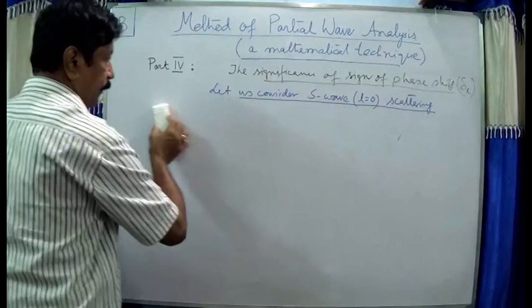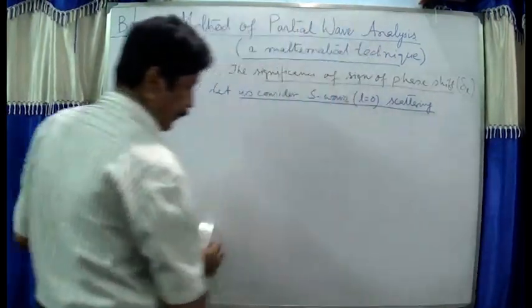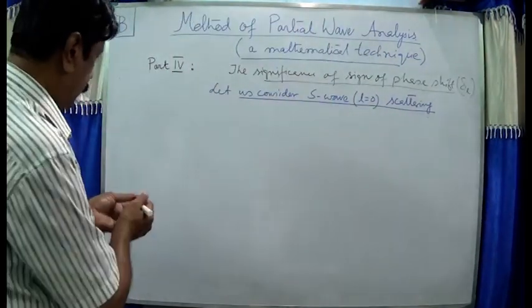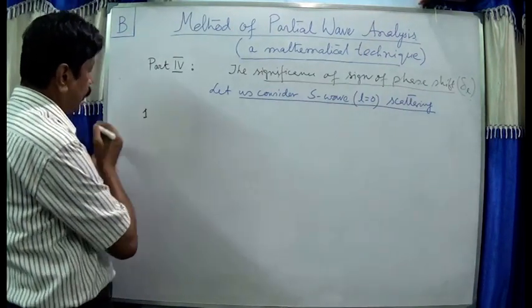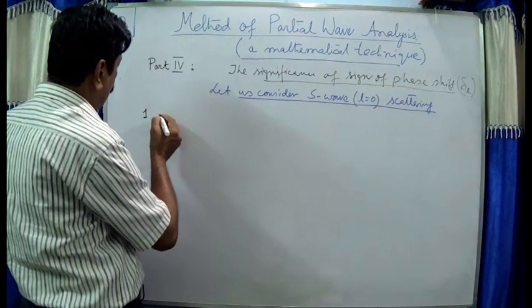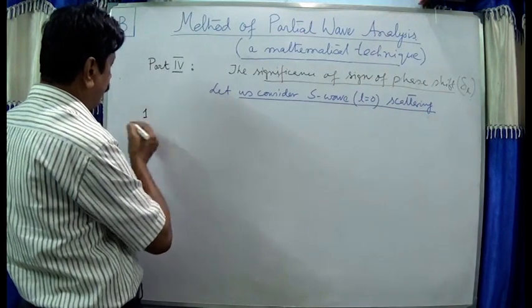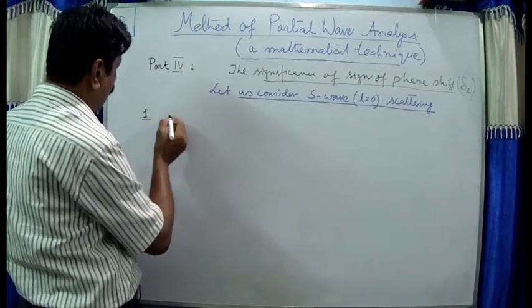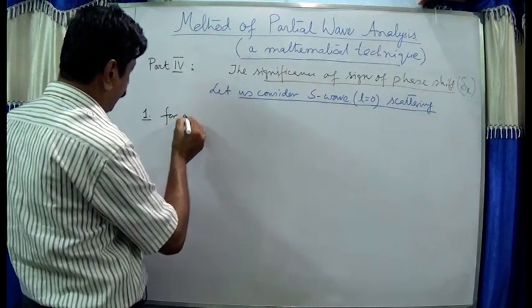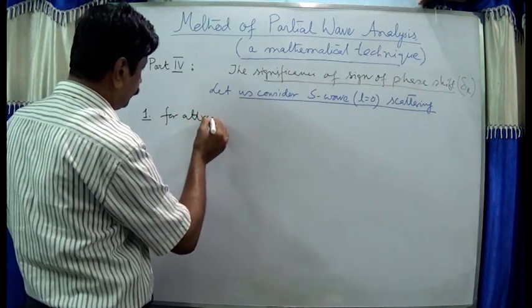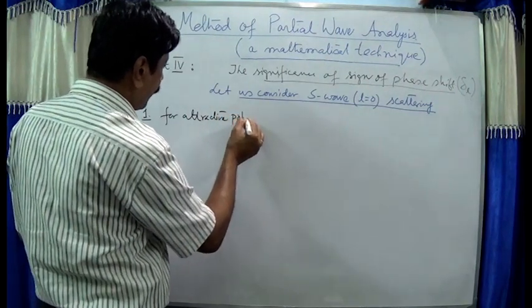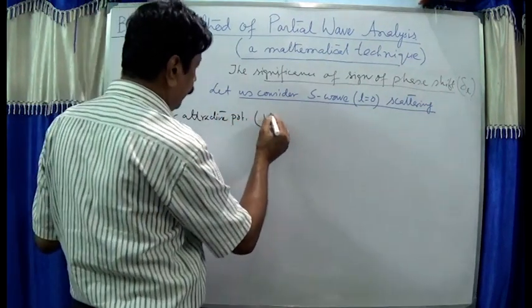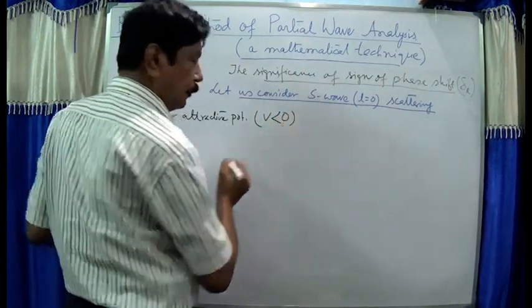For this, let us consider first if the potential be an attractive potential. So case 1, for attractive potential, that is V is less than 0.